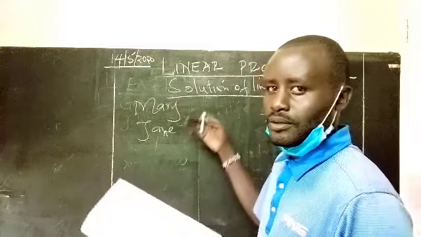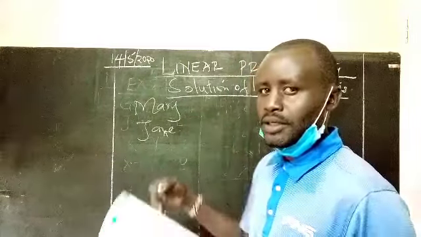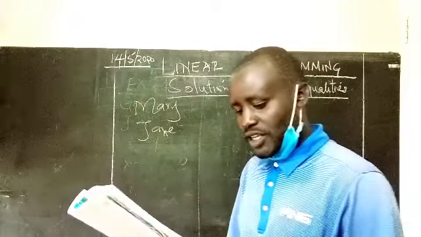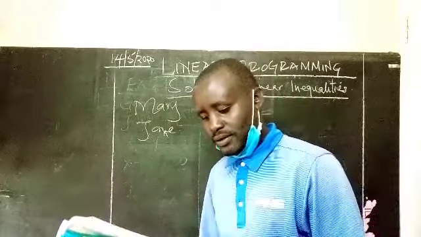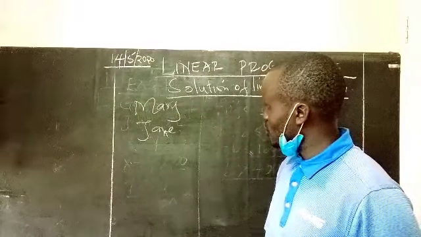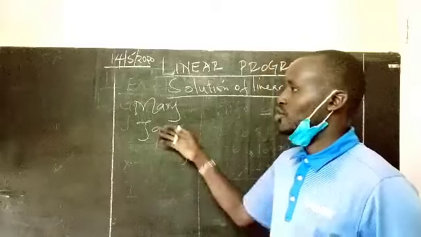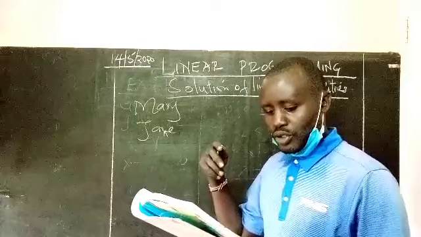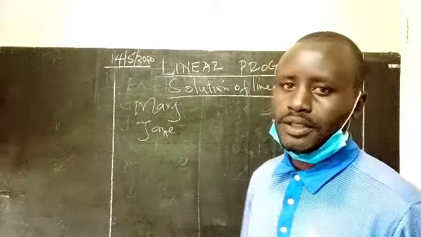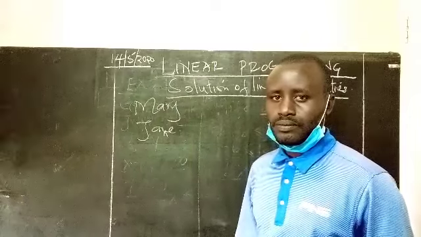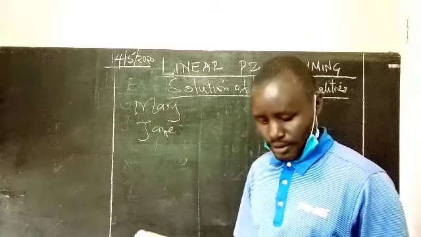Jane here is not less than 5 years old, meaning Jane is 5 years or more. The sum of the ages is not more than 30 years. When you add Mary's age and Jane's age, the two is not more than 30, meaning it is 30 years and below, the sum of the two sisters.